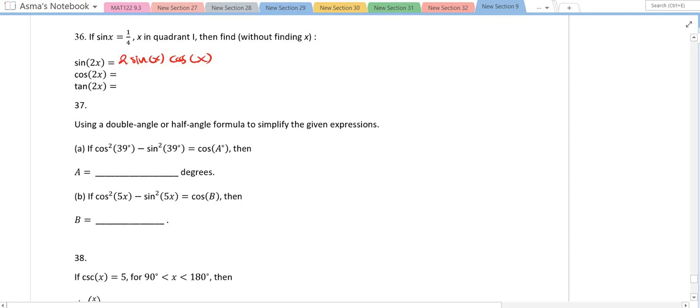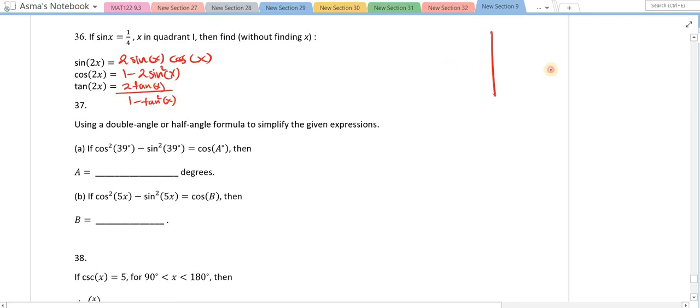Actually, I can find it only using sine, which is 1 minus 2 sine squared x, I believe. Let me just double check very quickly. Tangent 2x is 2 tangent x over 1 minus tangent squared x. Now, as visible here, I need to find cosine x and I need to find tangent x.